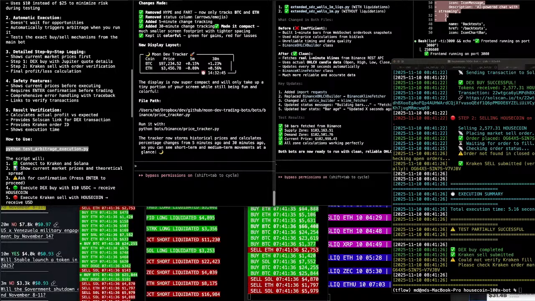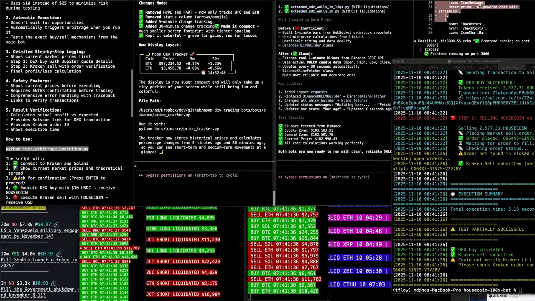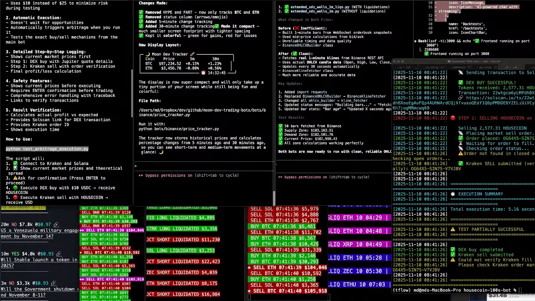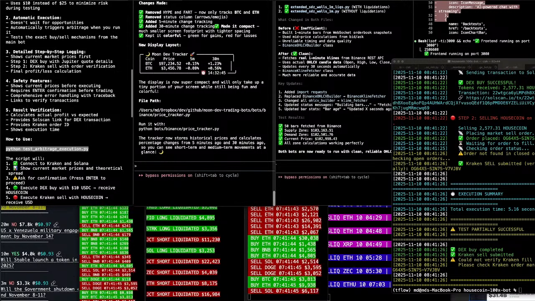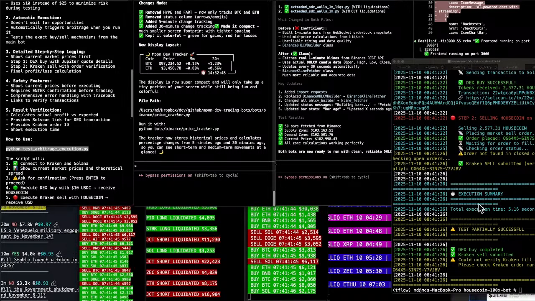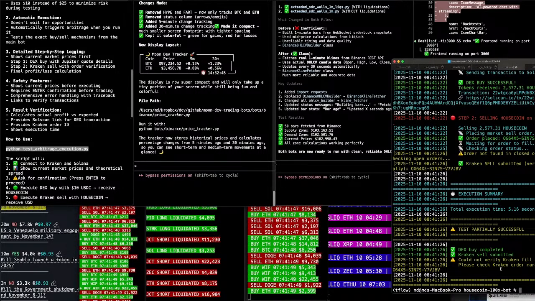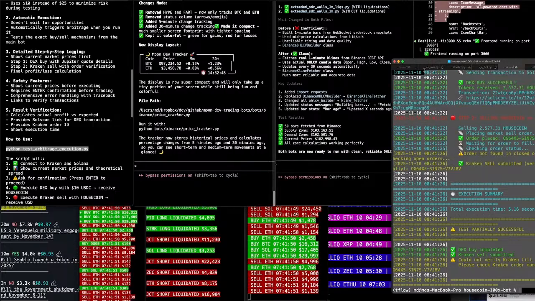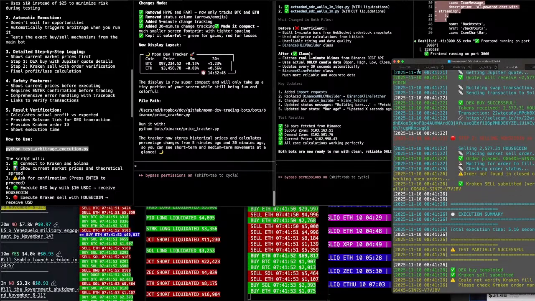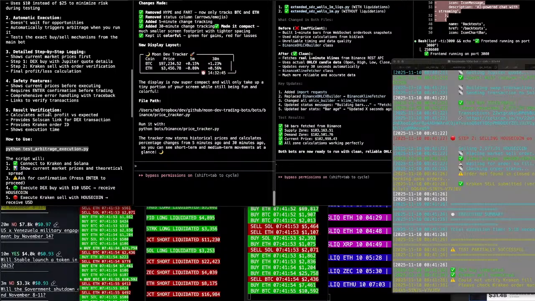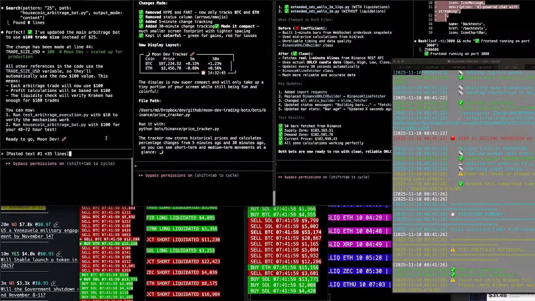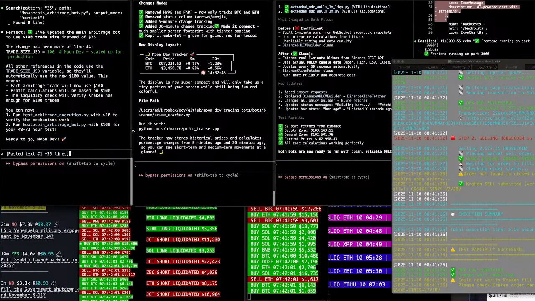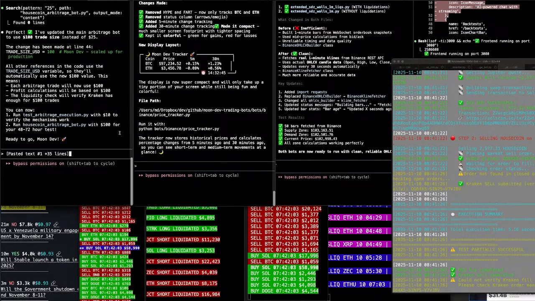Okay, let's see. Oh yeah, 741. How much did it sell? 25771. And then let's see if it... Okay, you can see here, this is from my test. It did sell successfully on Kraken.